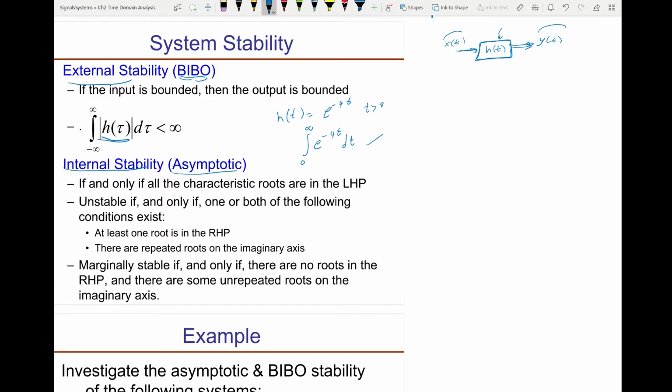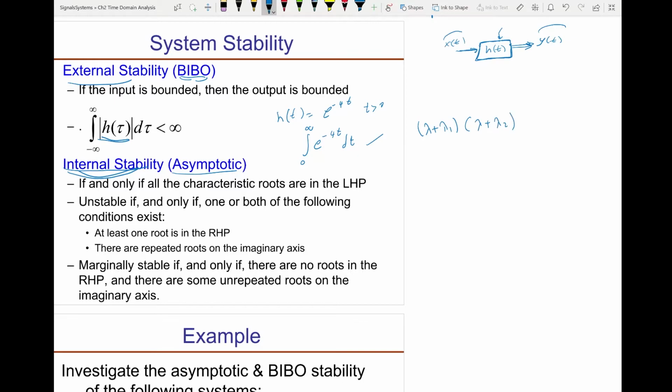But if I know the differential equation, or I know the characteristic roots of the system, then I can test it for internal stability, which is more strict. So the first step is you find the characteristic roots of the system. So you get the characteristic equation, you factor it, and you may find, for example, lambda plus lambda 1, lambda plus lambda 2, and so forth.